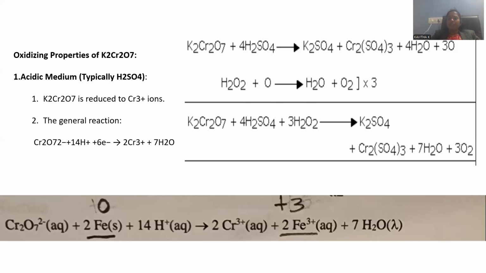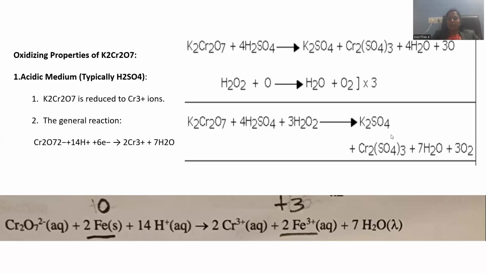In H2O2, each oxygen has -1, and in H2O, each oxygen has -2. That's the reason the oxidation number of oxygen decreased for hydrogen peroxide. This is the way K2Cr2O7 reacts with 4 sulfuric acid and 3 moles of H2O2.